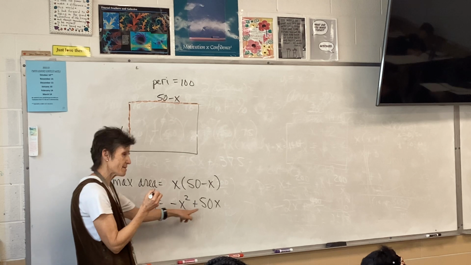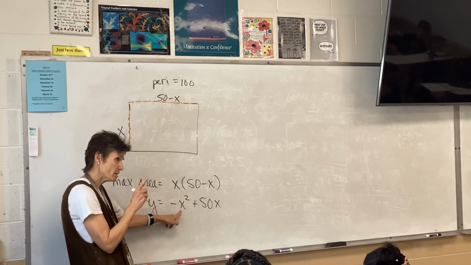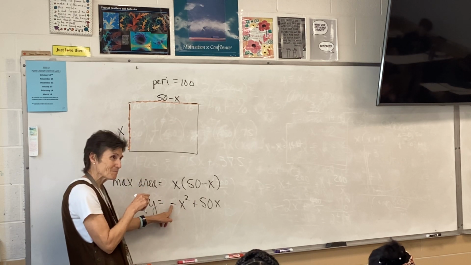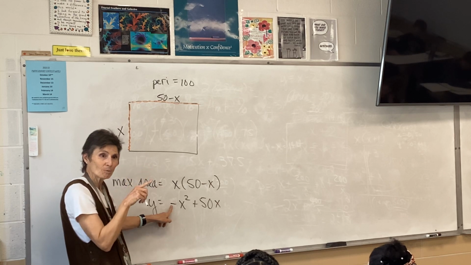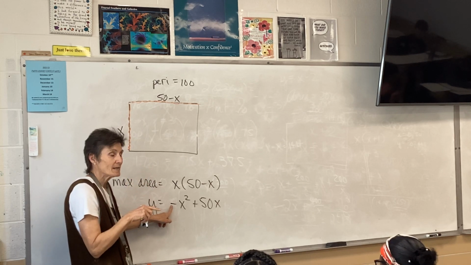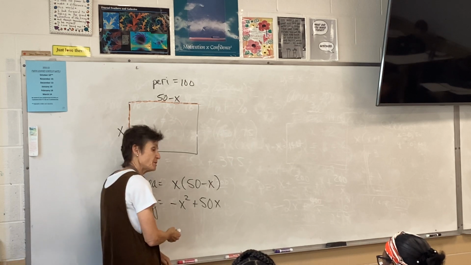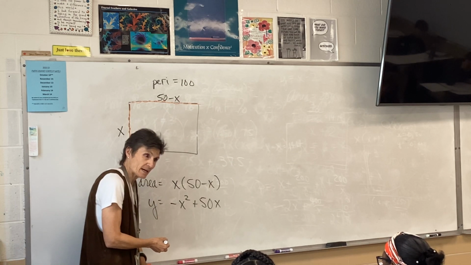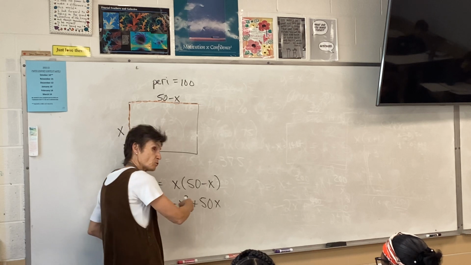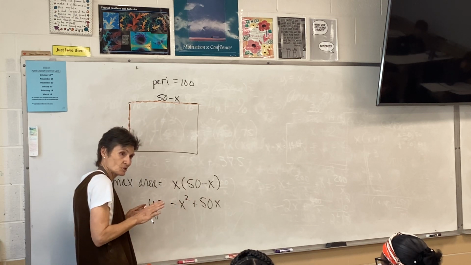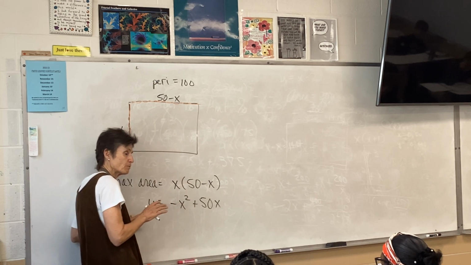What shape is that? It's an x squared with a negative. So it's a parabola opening down, and we want the maximum. So basically we just want the vertex. So you can try to put it in vertex form. I think I'll just go with the formula that's faster for me.